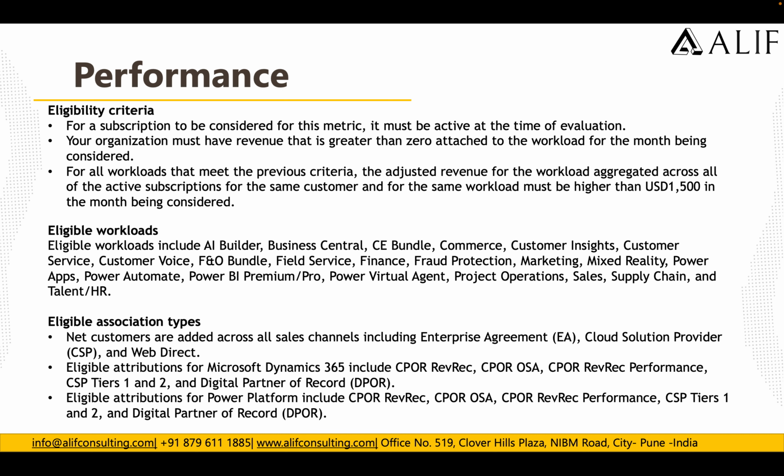Leasable attributes for the Power Platform include the CPOR, CPOR OSA, CSP Tier 1, Tier 2, and digital partner of record. So all of these association types are eligible to get the metrics or get the points under the performance category.